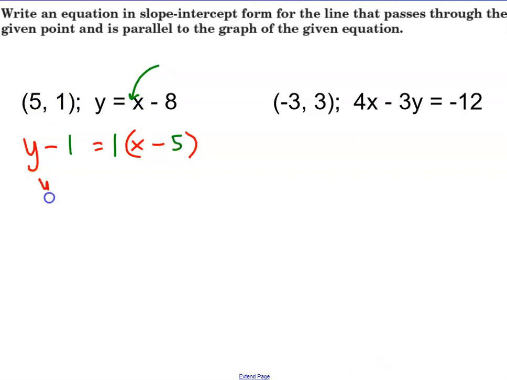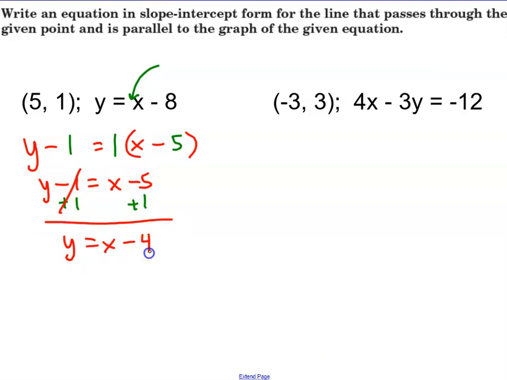So when I manipulate this, and I use my addition property of equality here, cross off my additive inverses, and there you have it. The line that is parallel to y equals x minus 8 but passes through (5, 1) is y equals x minus 4.